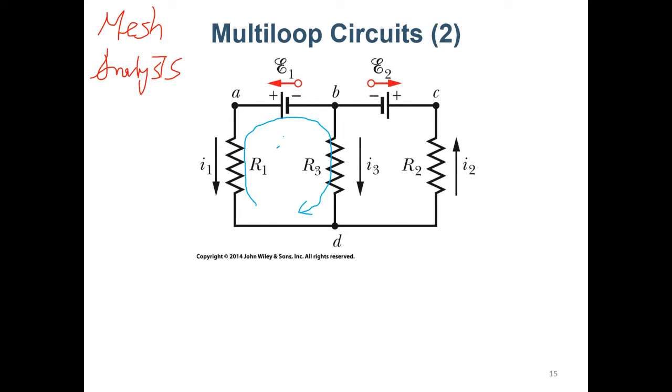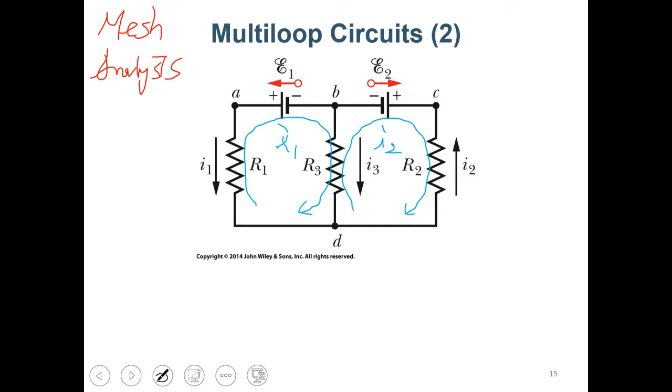We call it I1 for this mesh. We assume the mesh current for this loop is I1, and for this loop, the mesh current is I2.